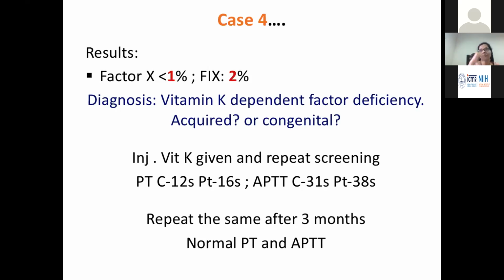Most of the cases get normalized. They may not get totally normalized. There may be a borderline prolongation, which is normal for a neonate. The neonates have all factors on the lower side, especially the vitamin K dependent factors. So you won't get PT, APTT values as normal as an adult value.